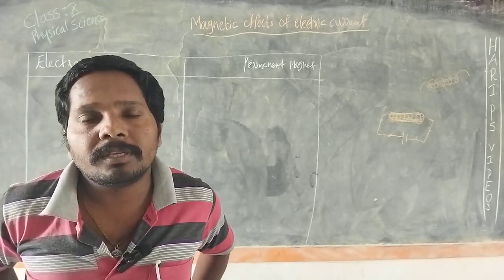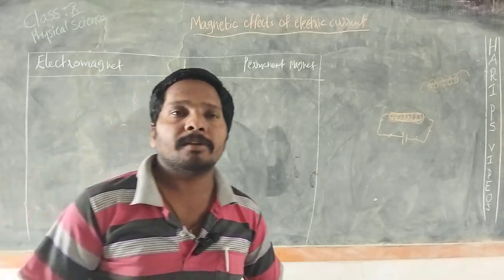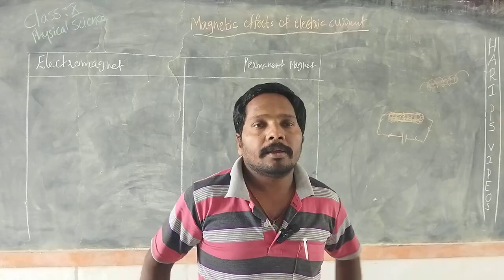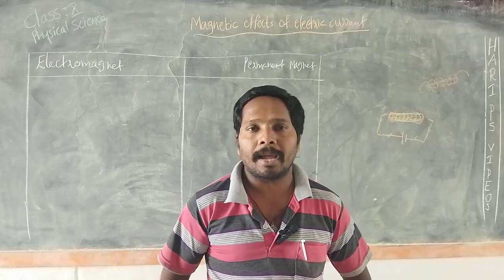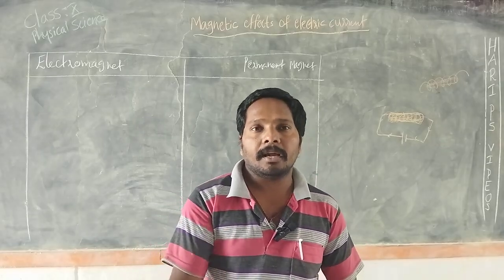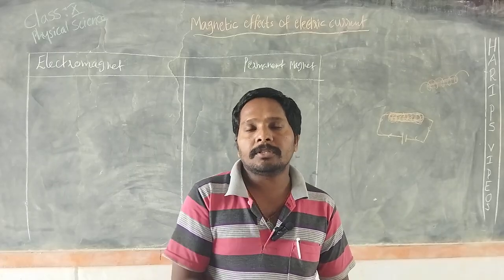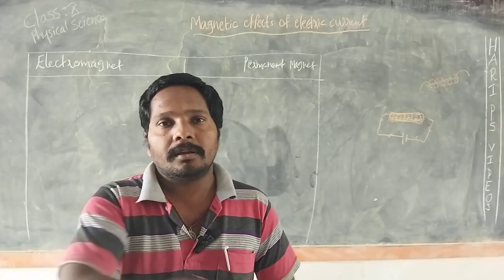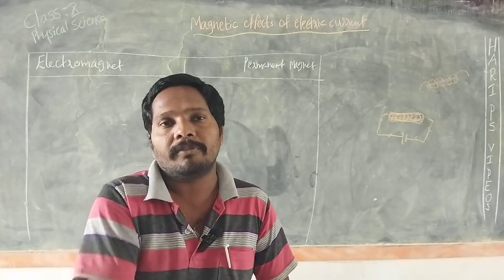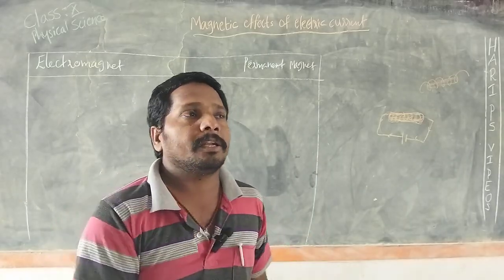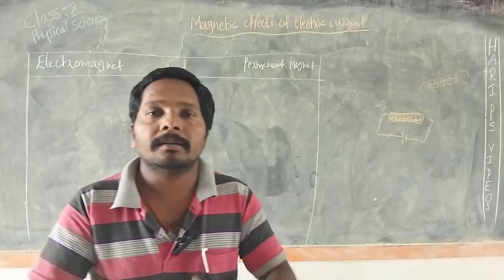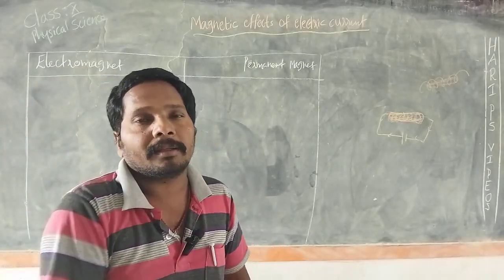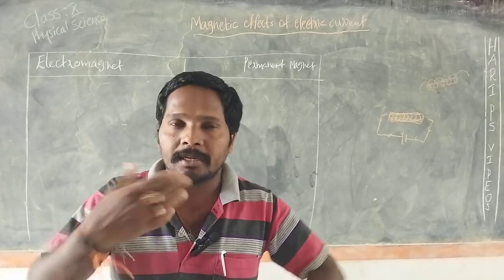Why should we use soft iron only for making electromagnets? What will happen if we take other metals? When we use soft iron, it immediately loses its magnetism after the flow of electric current is stopped.